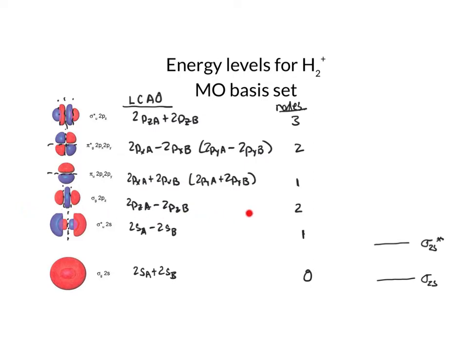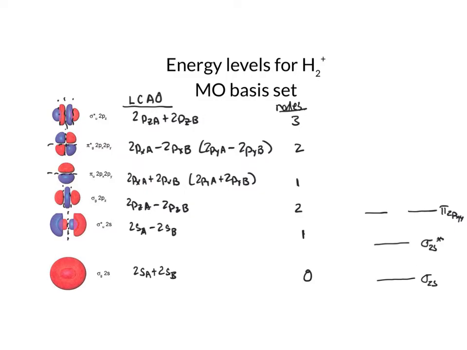Then if we look at this group of linear combinations where we've combined p orbitals for our next group, we will see that we should put the pi orbitals made from the 2px or 2py atomic orbitals, because that has one node, so that should be lower in energy than this one, or this one.